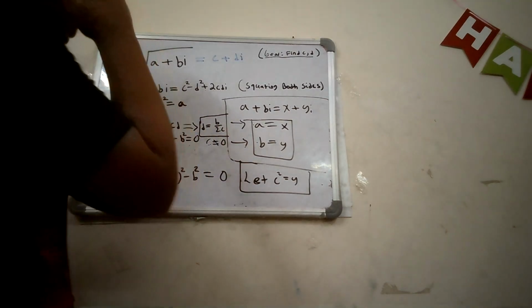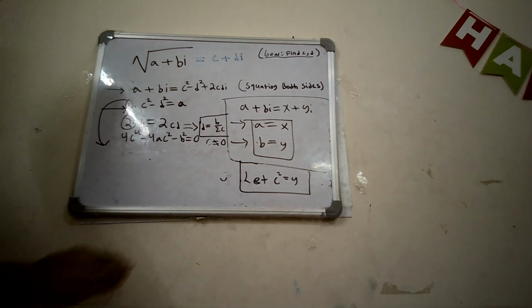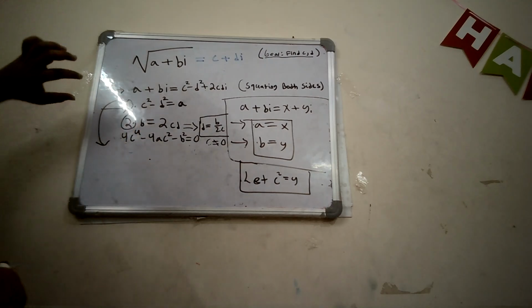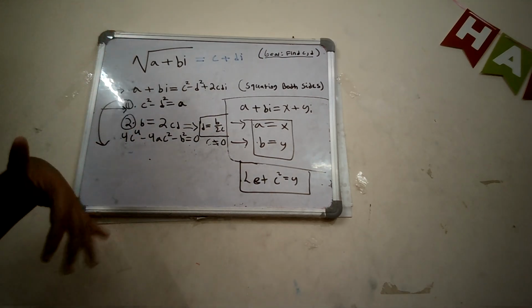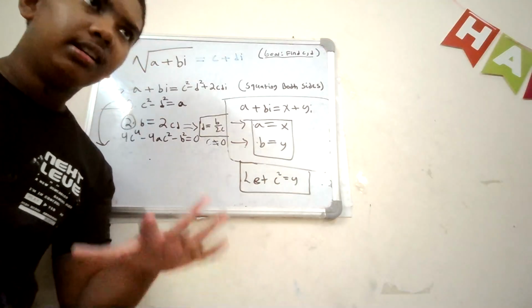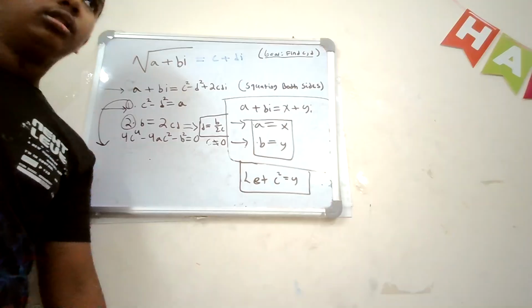Remember, when we take the square root, we're only going to assume the principal square root. In the end, if you want both roots, you can put a plus or minus sign before the expression on the left side.